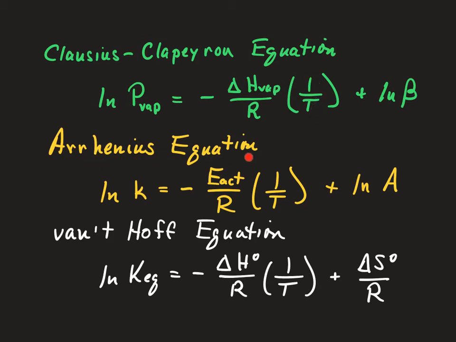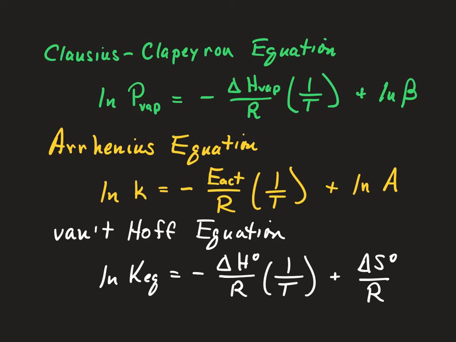We had the Arrhenius equation that related the rate constant to the activation energy and the temperature. And now we have the Van Hoff equation that expresses a relationship between the natural log of the equilibrium constant and the standard enthalpy for the reaction and the reciprocal of the temperature.